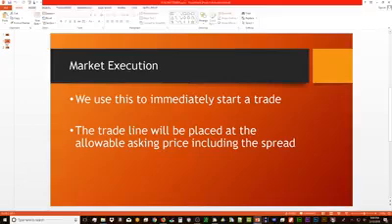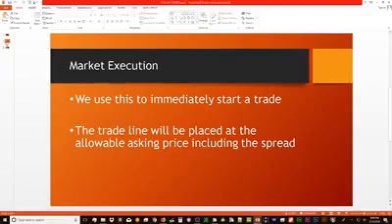The brokers make their money off of the spreads, and so if you're ever trying to put in a stop loss or a take profit and you're not considering the spread, then it's not going to allow you to place the order or place the trade. So you have to adjust everything to the allowable pricing.